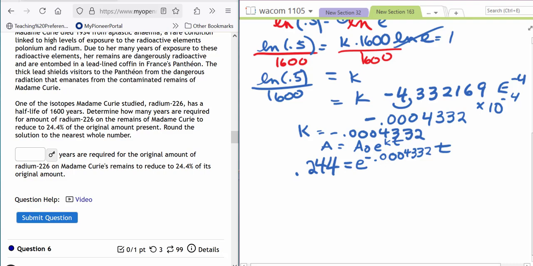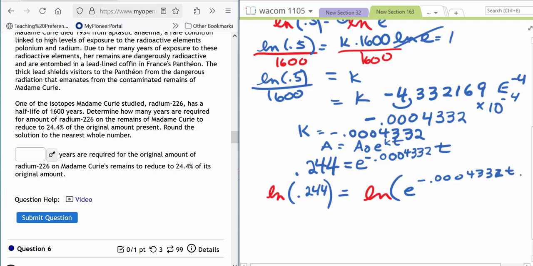So I have a new problem to take a logarithm of. So I'll take the logarithm of both sides. So logarithm here of 0.244. And logarithm over here of e to the negative 0.00043332 t.